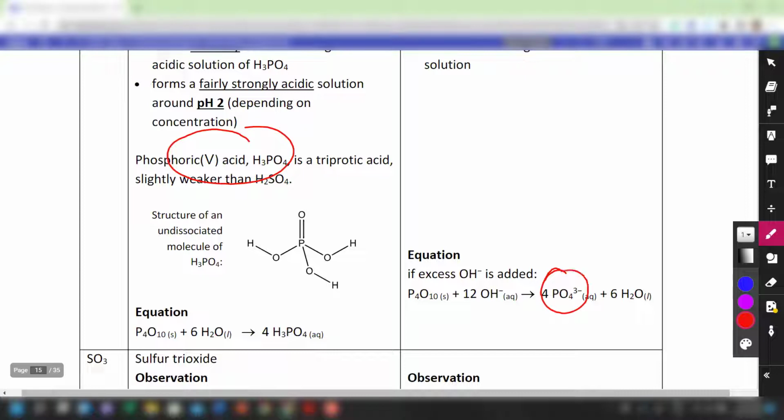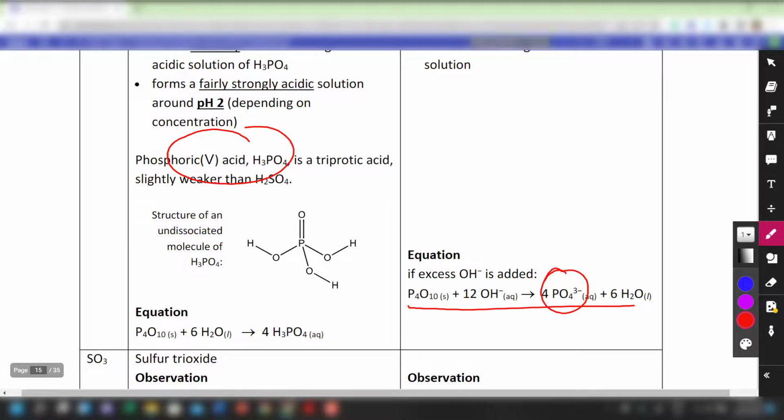You can envision it as a complete hydrolysis to give phosphoric acid, and then a complete acid-base neutralization reaction to give phosphate and additional water molecules. I know it's a little bit complicated, but it can be viewed in this manner so that it's easier for you to write the balanced equation.